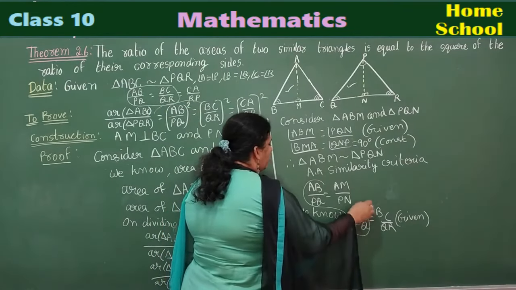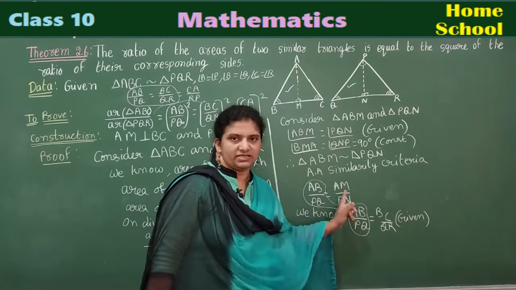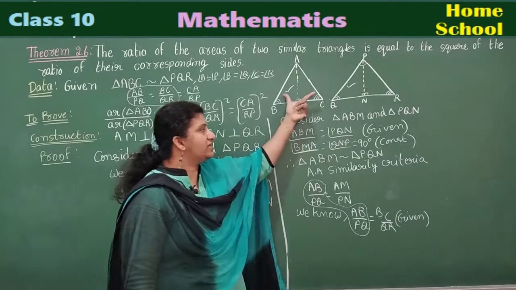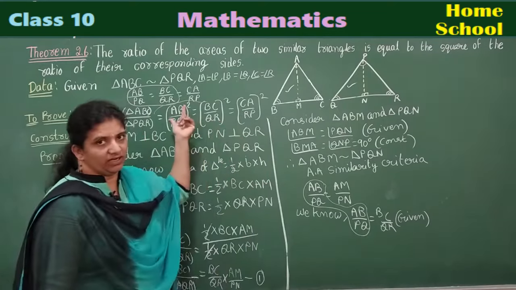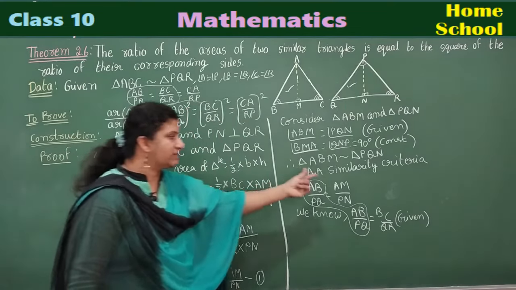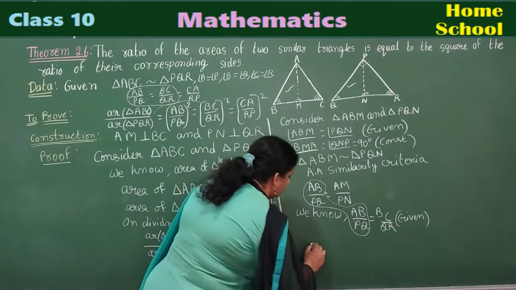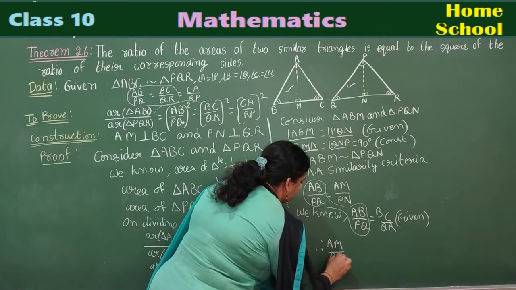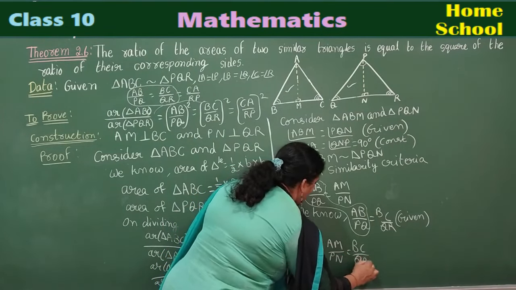AB by PQ, AB by PQ both are equal. So I can equate these two. Are you able to follow, children? This we got by these two triangles. And this ratio I wrote by the given data. Why? In order to substitute that ratio here. Okay. So now, therefore, AM by PN is equal to BC by QR.